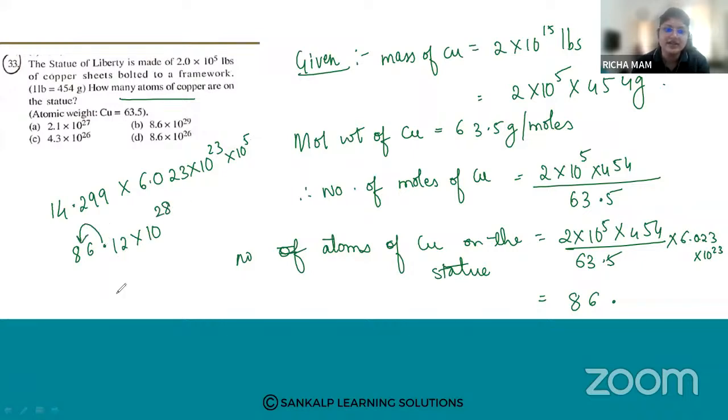If I shift this side, it becomes 8.6 into 10 raised to 29.